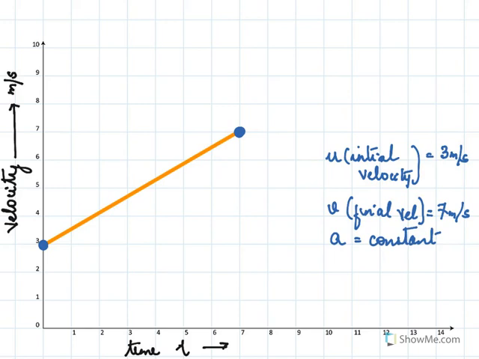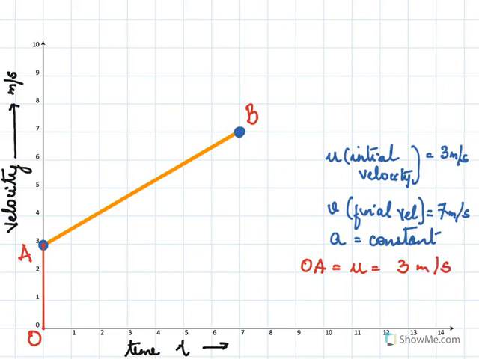Another thing we need to know, here O is origin. We call this point A, which is the initial velocity. We call this point B, which is the final velocity. Now this is OA, and we know that OA is equal to u, which is 3 meters per second.